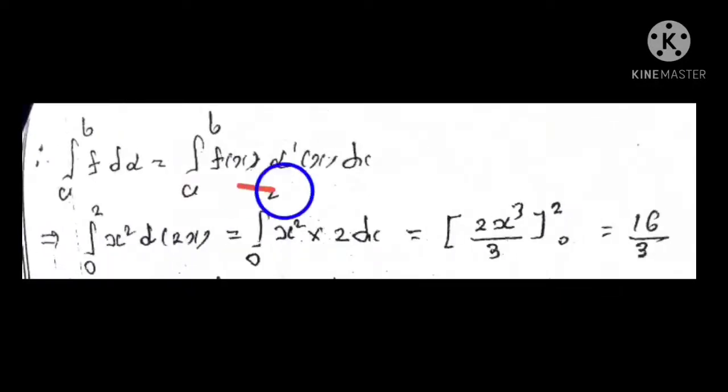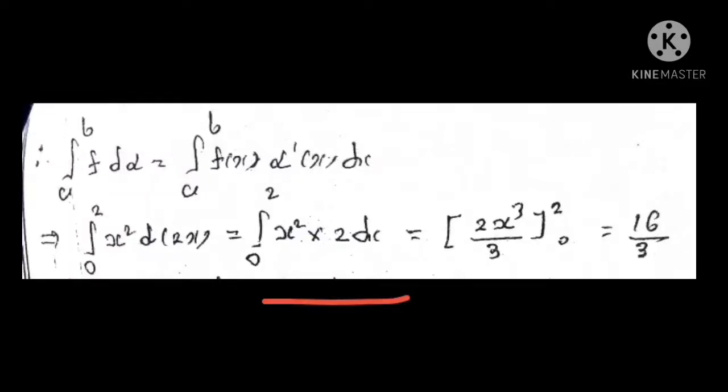So here the value of f(x) is x square and the value of alpha dash is 2. Implies integration 0 to 2 x square d of 2x is equal to integration 0 to 2 x square into 2 dx.